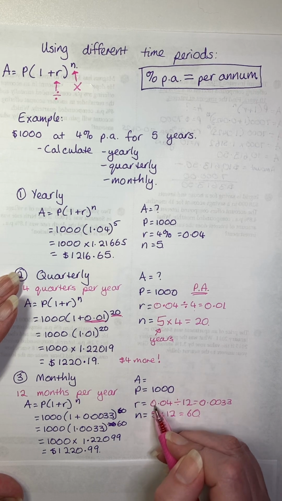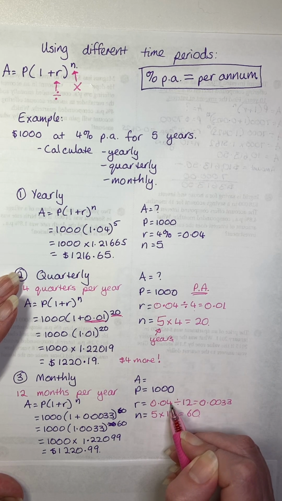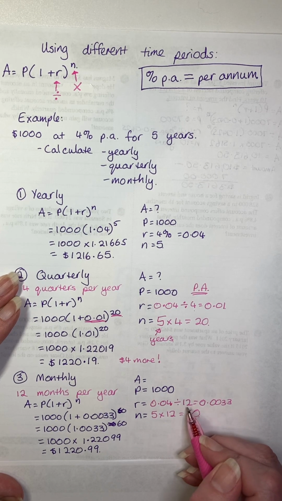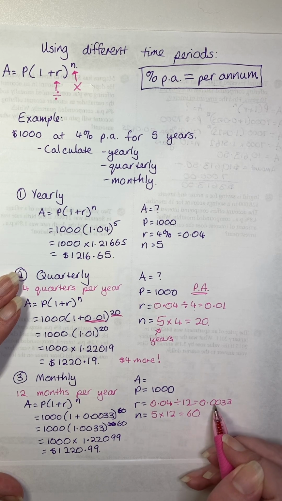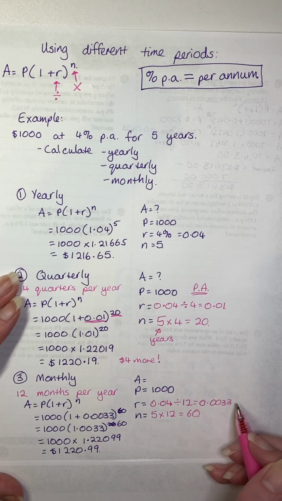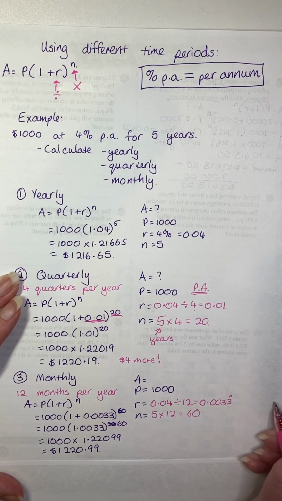Now, if we were going to do it monthly, we're going to do it the same way, except now, instead of dividing our interest rate by 4, because we have 4 quarters, we're going to divide it by 12 because we have 12 months in a year. So that gives us 0.0033. And that actually goes on forever.